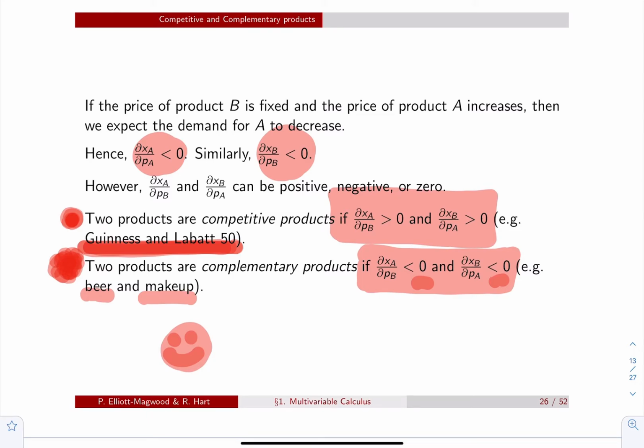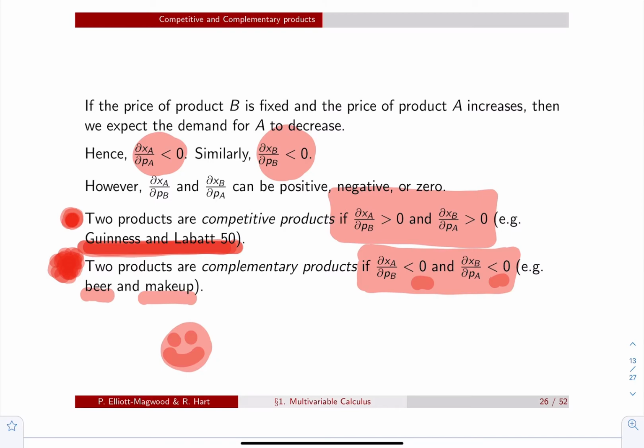And if I have less money to buy makeup, I'll just buy less of it, and vice versa. If the price of makeup is going up and I need to buy it, then I'll have less money to buy beer, so I'm going to buy less of it. So here, beer and makeup are, of course, two products that are complementary and essential for a nice evening.